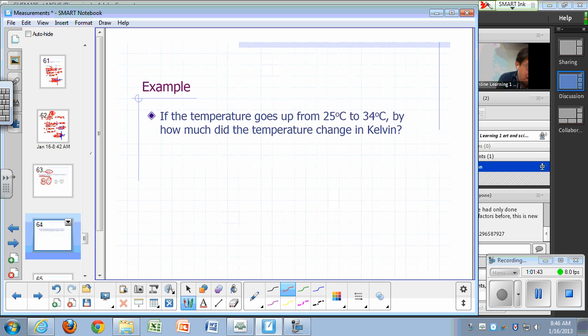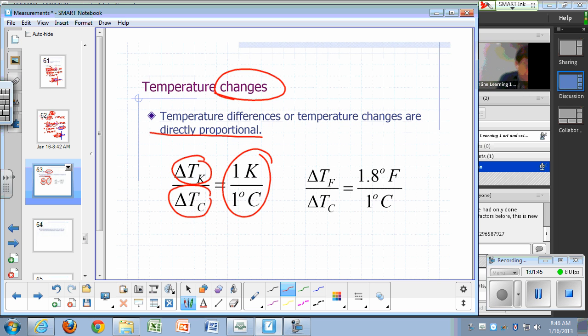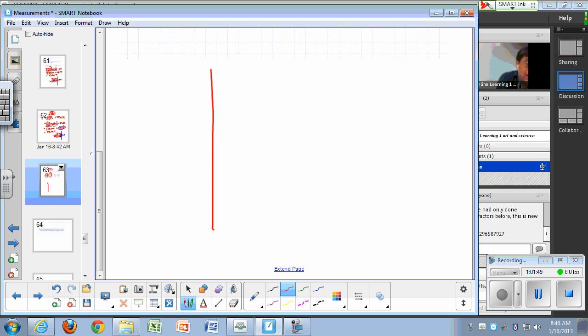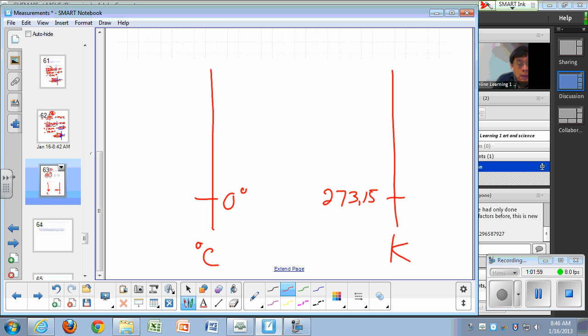Let's just quickly illustrate that. At 0 degrees Celsius, what is it on the Kelvin scale? 273.15, right? This is degrees Celsius. If I were to do 5 degrees Celsius, what would that be on the Kelvin scale?